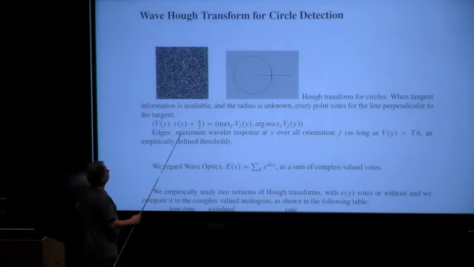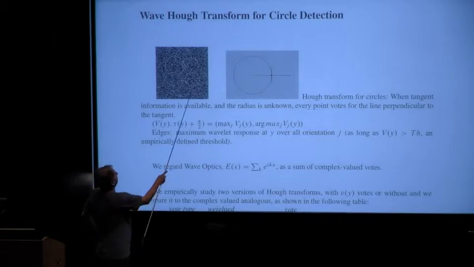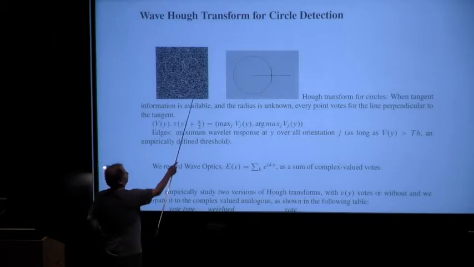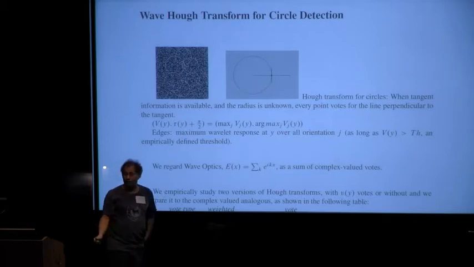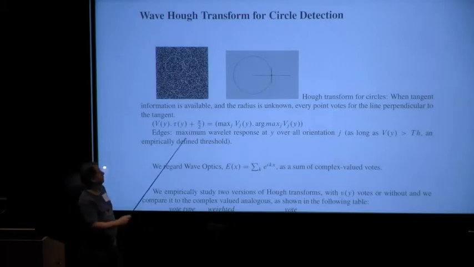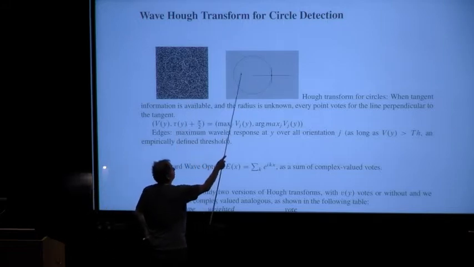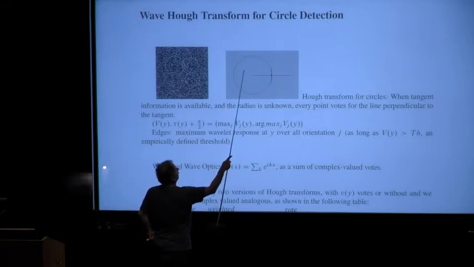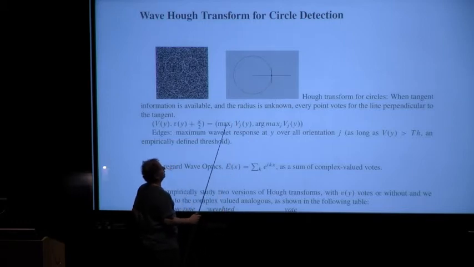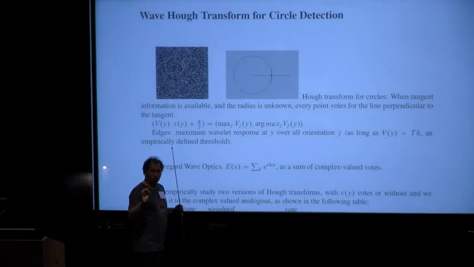You define every data point detected. For instance, I run a Morlet wavelet. I detect the response. I vote for every perpendicular line to the response. I vote one, and then I place votes, and I'm voting for the center of the circle.